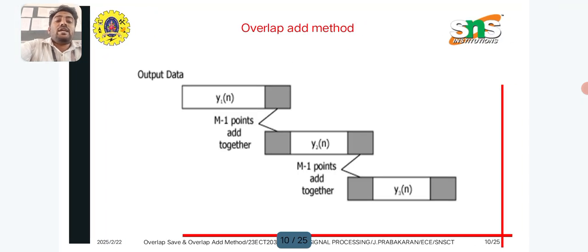Finally, the m minus 1 points are added together for y1 of n, y2 of n and y3 of n. The last m minus 1 points in y1 of n are added with the first m minus 1 points in y2 of n. The last m minus 1 points in y2 of n are added with the first m minus 1 points in y3 of n, likewise.